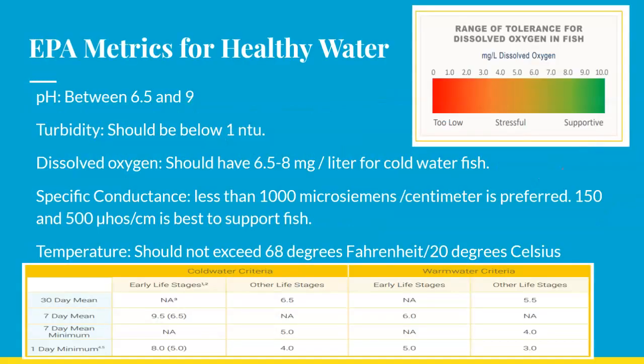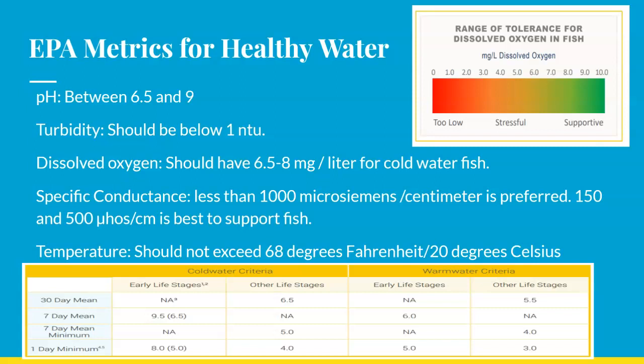The EPA metrics for healthy water are: the pH should be between 6.5 and 9, turbidity should be below 1 NTU, preferably, but below 5 NTU, I believe, is the standard from what I could find. Dissolved oxygen should be 6.5 to 8 milligrams per liter for cold water fish.